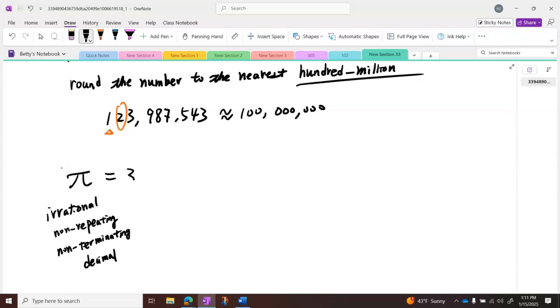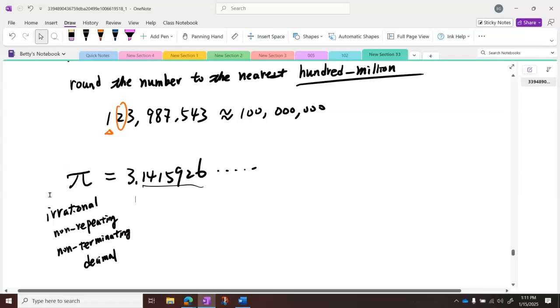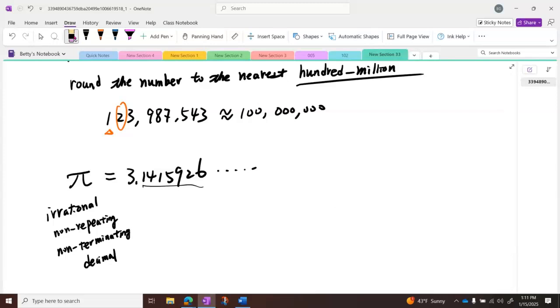It is equal to 3.141596, and so on and so on and so on. That's how many digits I remember. Some genius, they know the 100 digits behind the decimal point. Kind of cool, right? But I don't really know the point.